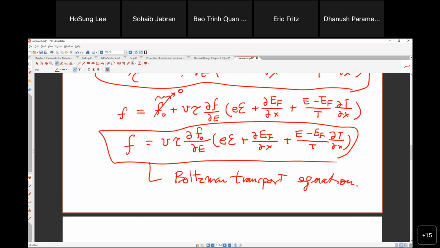So we have disturbed, undisturbed functions, and then we can maybe figure out. Okay, although there are some assumptions we made, eventually we're going to use this relationship after collision, electrons. Okay.